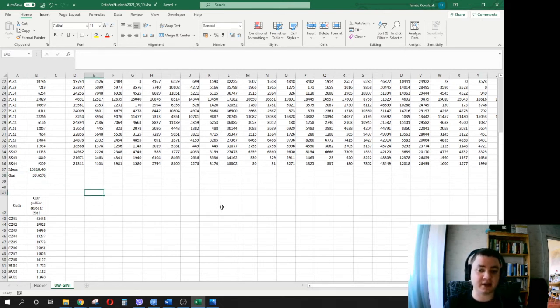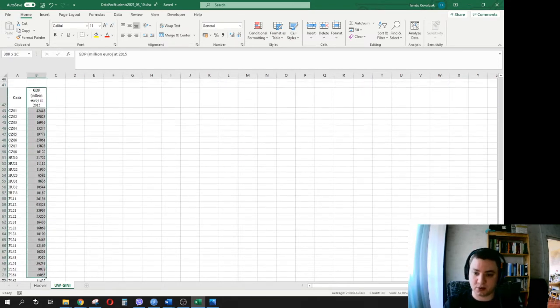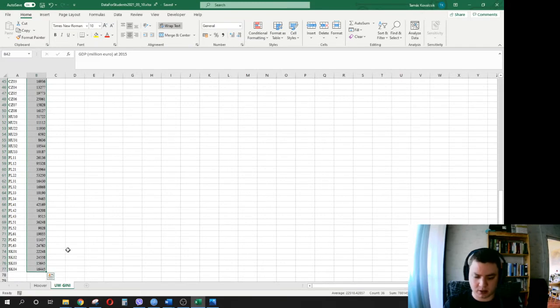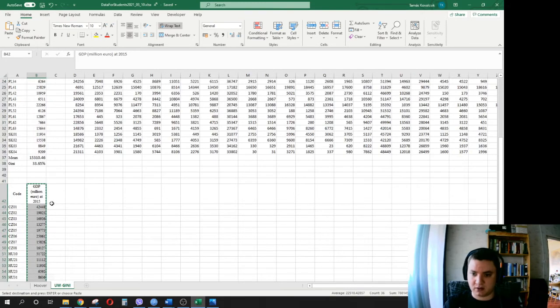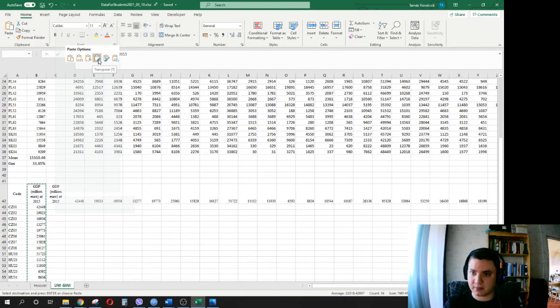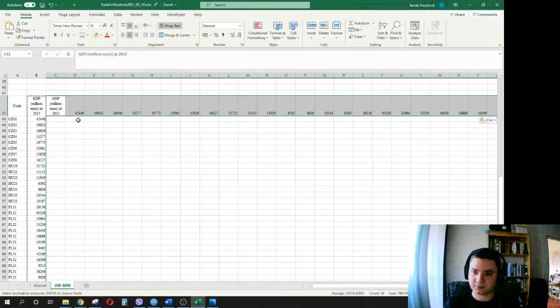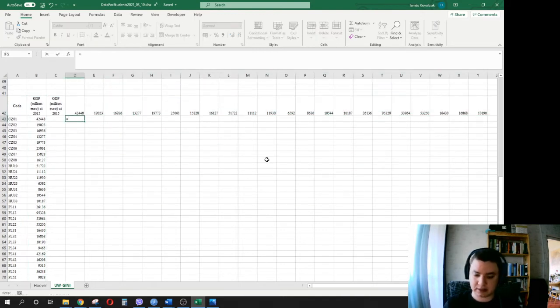After that we can calculate the Gini index for GDP at 2015 as well. Transpose and make a difference. This is the most important part of the Gini index.